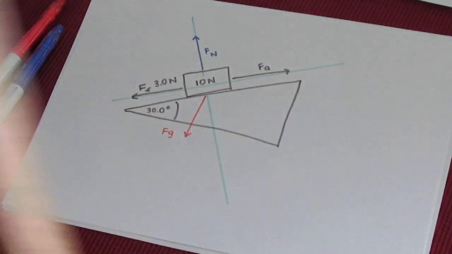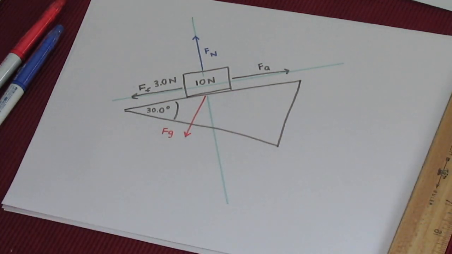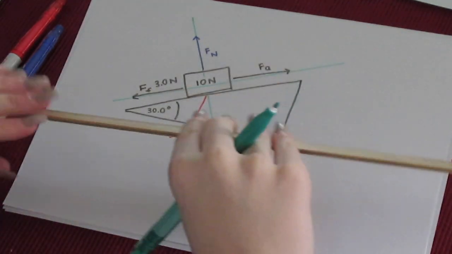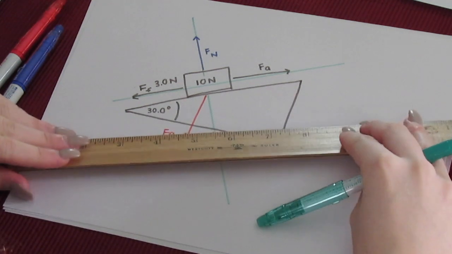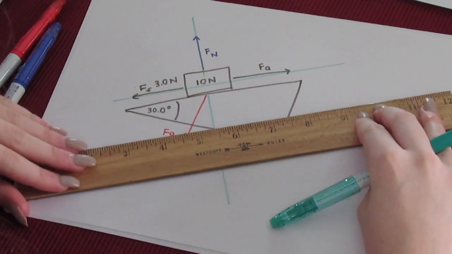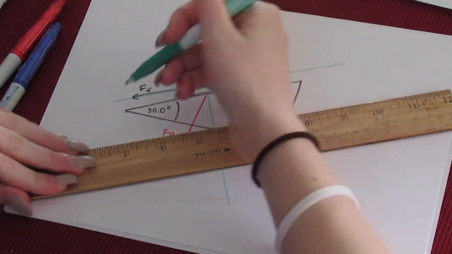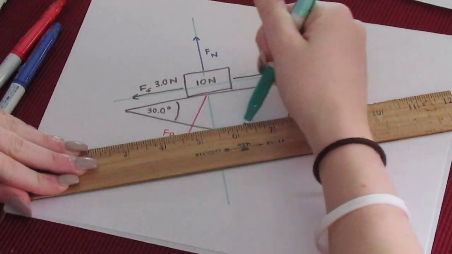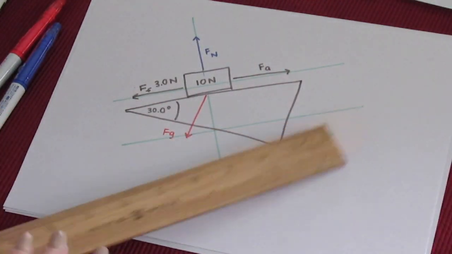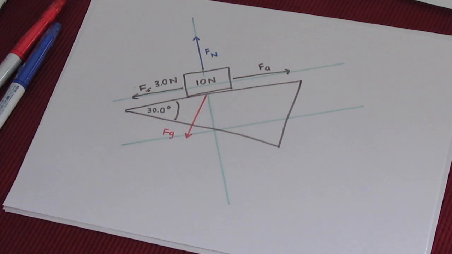Okay. So now we're going to label these lines. Oh, and we forgot another. We have another force parallel. So you're going to draw another line parallel to this green line up here. Okay. So now we can label these lines.